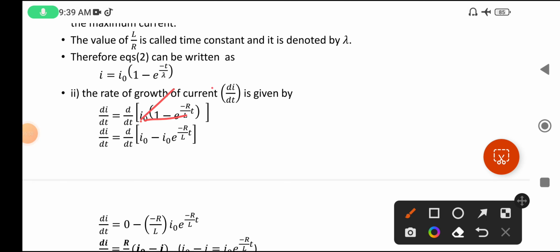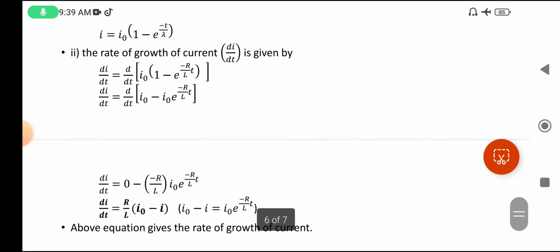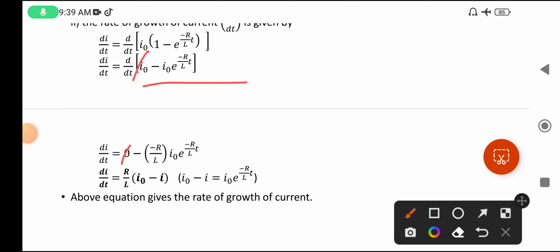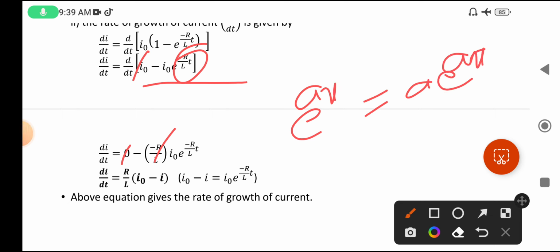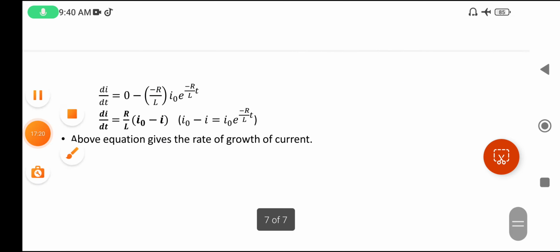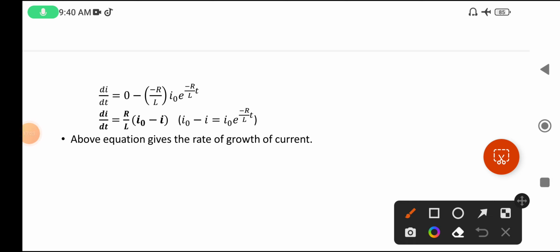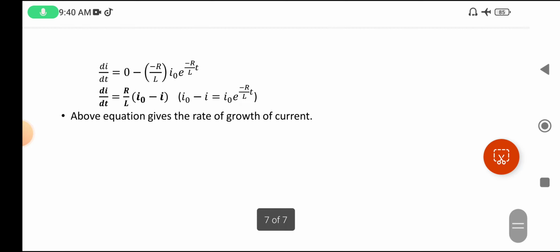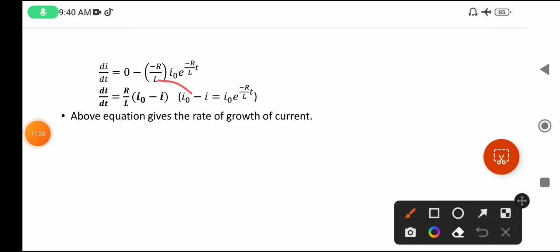So I naught into 1 is I naught, and here I naught into e power of minus R by L into t. Now differentiate it. The differentiation of the constant is 0. For e power of ax, the differentiation is a into e power of ax, so the factor of t comes down. Again this value can be written from equation 1 only. So the above equation gives us the rate of growth of current, and the rate of growth of current is like this. It is time dependent only.